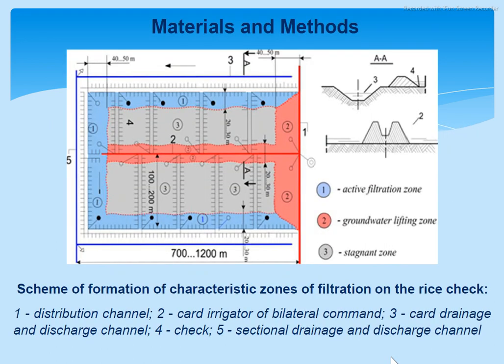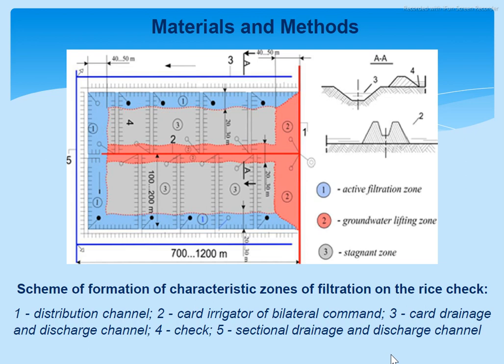Many years of field studies conducted by us and other scientists on the Danube rice irrigation systems showed that there are some features of filtration flow motion on irrigation carts during the period of water layer maintenance. This feature is related to the formation of 3 characteristic zones.